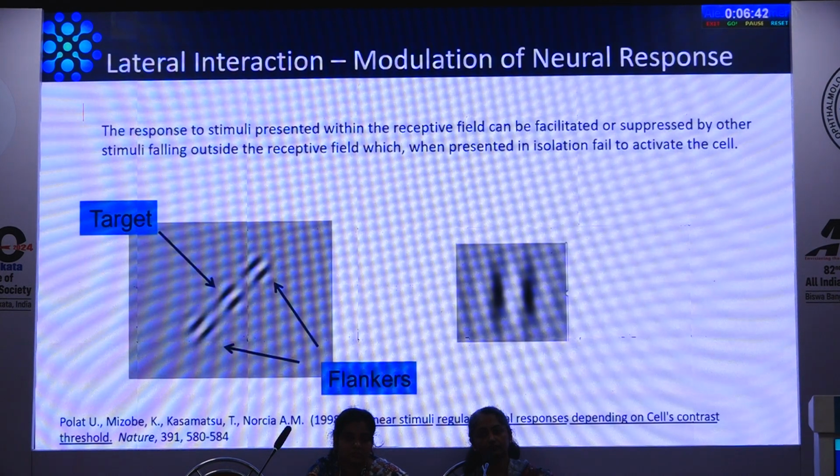So they also did experiments on how to present the target to the patient. The response to the stimuli presented within the receptive field can be facilitated or suppressed by other stimuli falling outside the receptive field, which when presented in isolation fail to activate the cell.